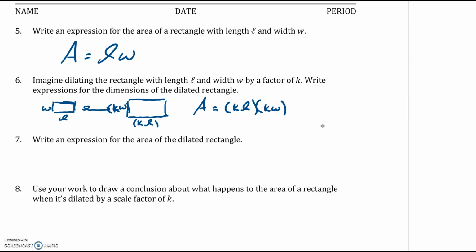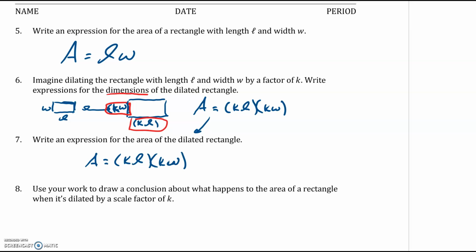These are the dimensions of the dilated rectangle: there's the dimension for the width, and there's the dimension for the length. And there's our expression for the area. It's K times the length times K times the width.